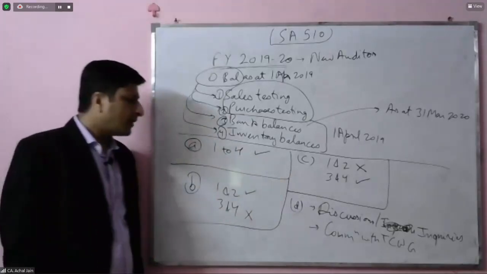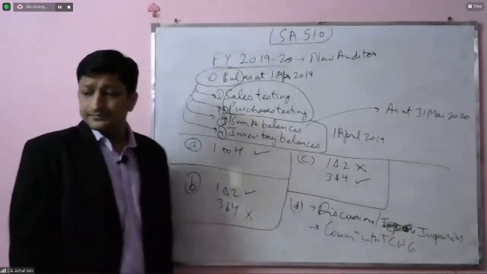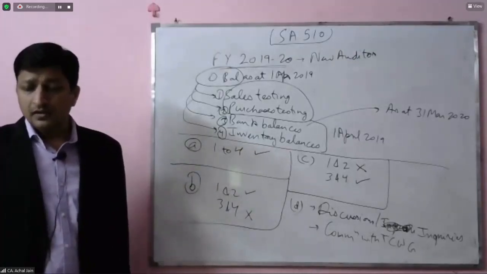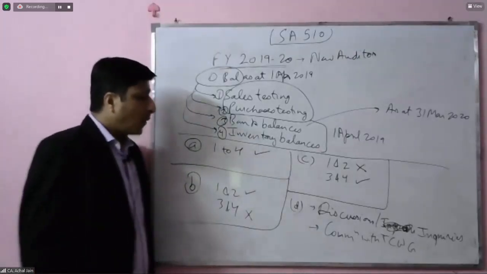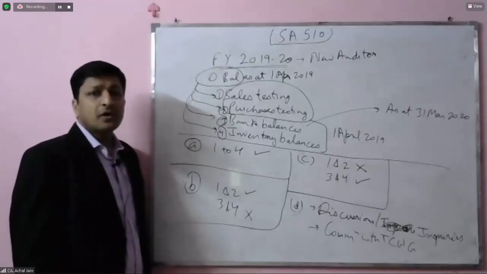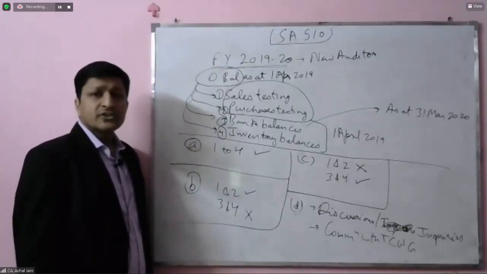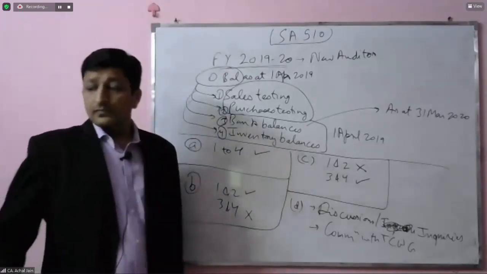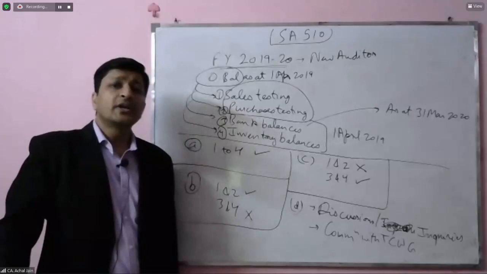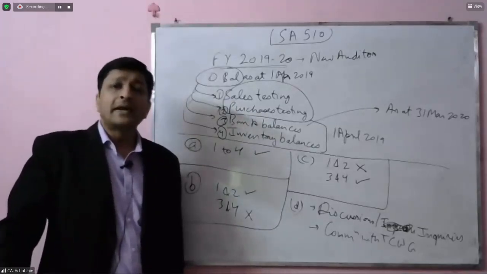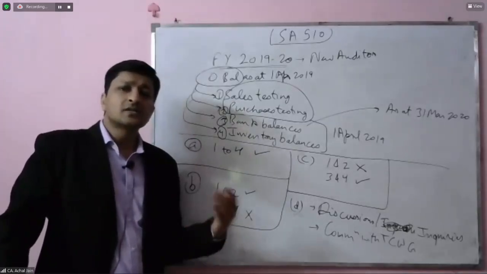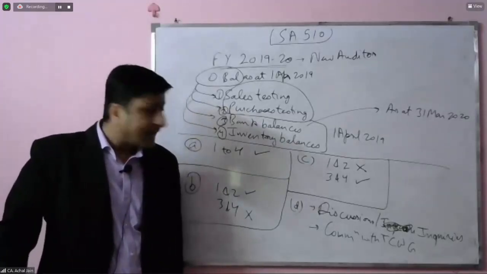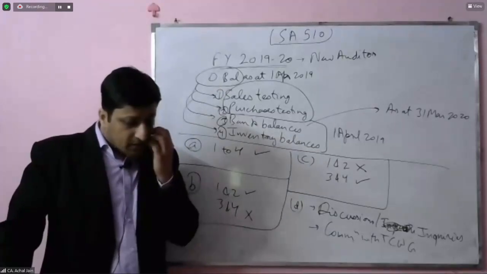So first of all, we can pick up option number D and we can just try to analyze it, whether this appears to be all right. Option number D is actually limiting the audit procedures to discussions and inquiries and the communications. And this requires auditors' procedures to be dependent on whether the last year's audit report was clean or not. And there is no such provision in the auditing standard.